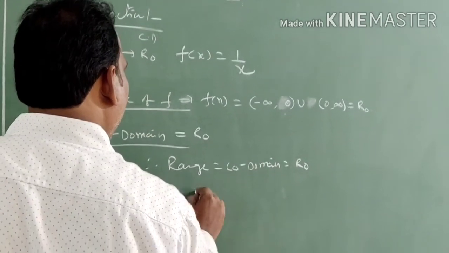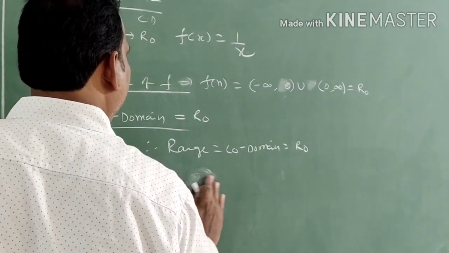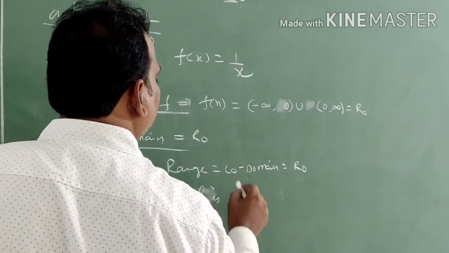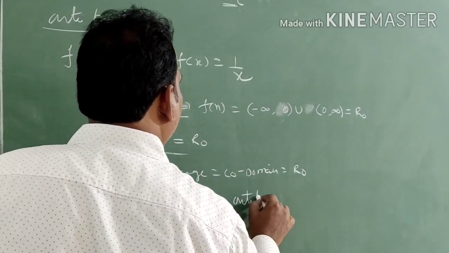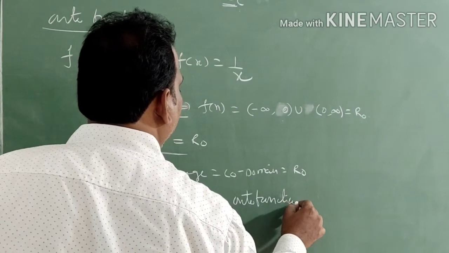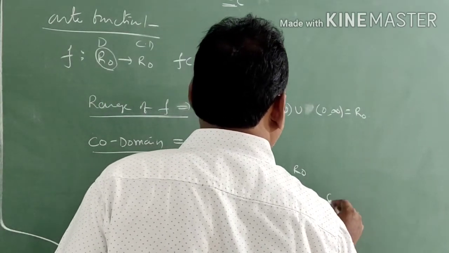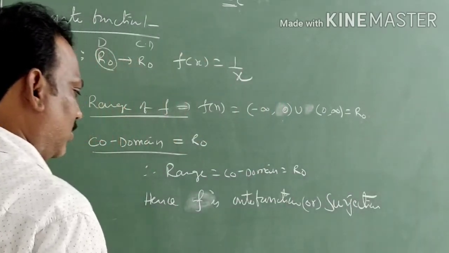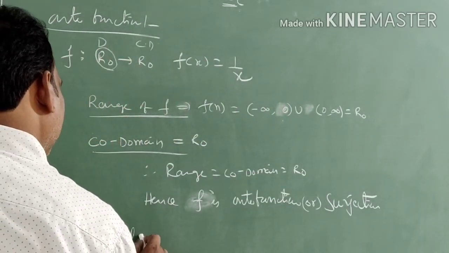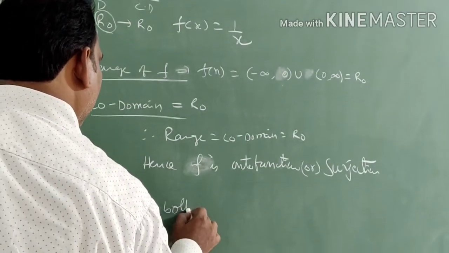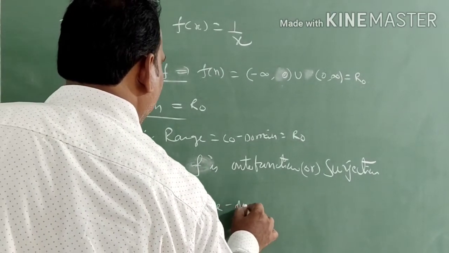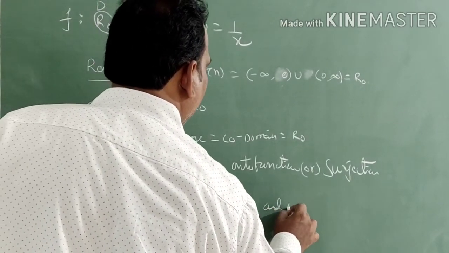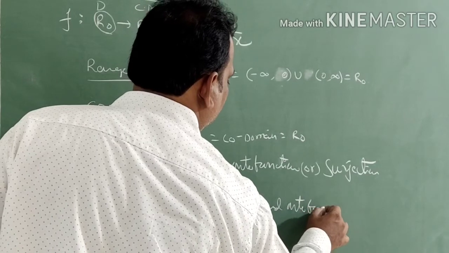Hence f is an onto function. What is the other name for onto, students? Onto function or surjection. So f is both 1-1 and onto.